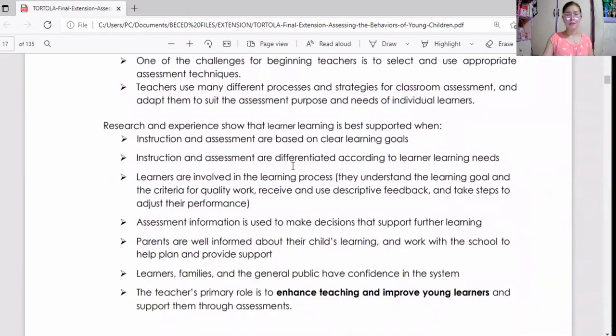Instruction and assessment are differentiated according to the learner's learning needs. Differentiated ang mga atong ginatudlo, atong technique. For example, this teaching strategy is suitable for the visual learners. Itong mga mahilig kaayo, mas dali sila makakita based sa ilahang mata. So another teaching technique is for the kinesthetic learners.